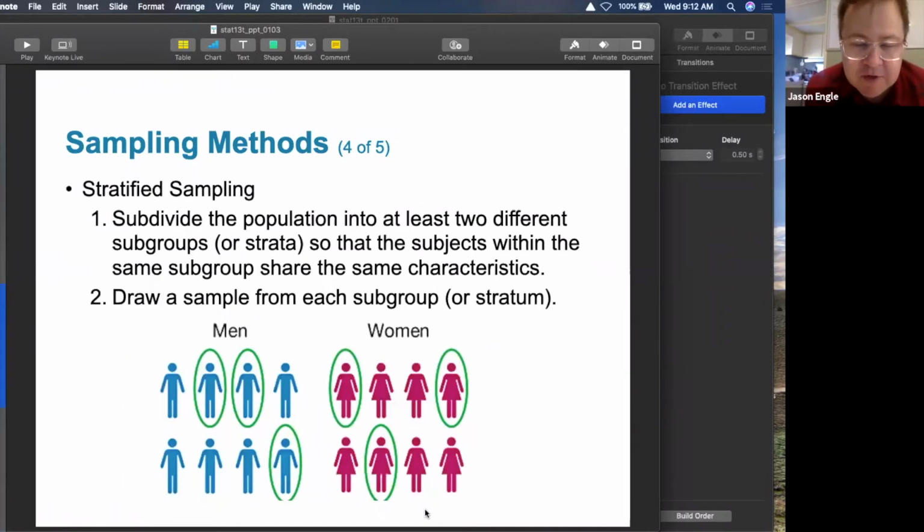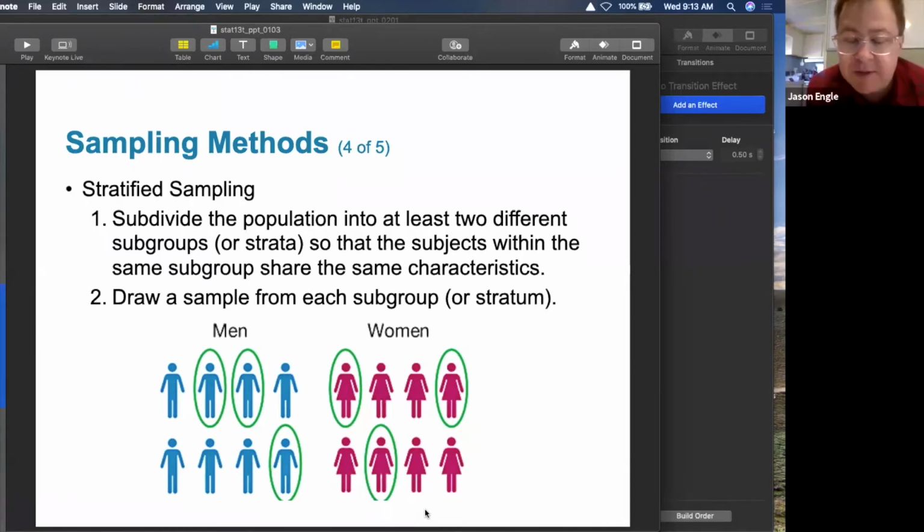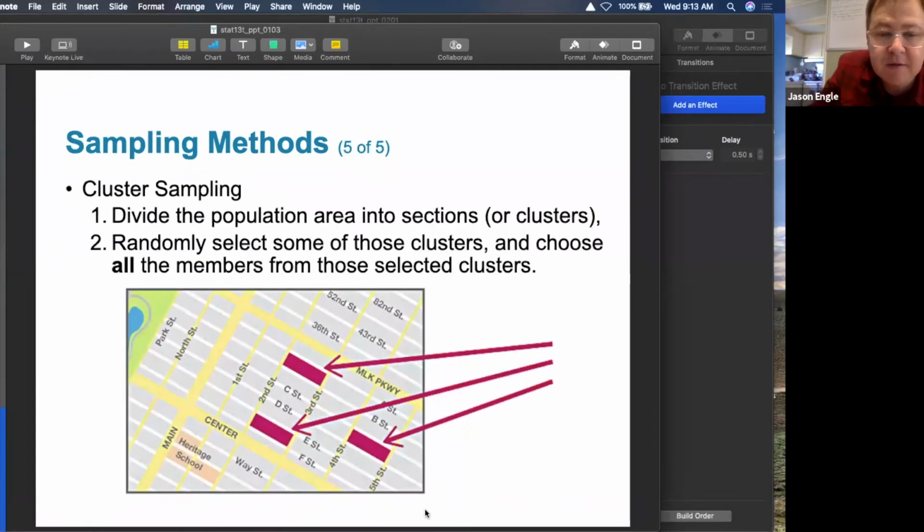In the graphic, you can see that it's broken up into 2 groups, or strata, but it didn't have to be 2 groups. We could have broken it up into 3 groups, or a dozen groups. In fact, I could even do stratified sampling in a city.